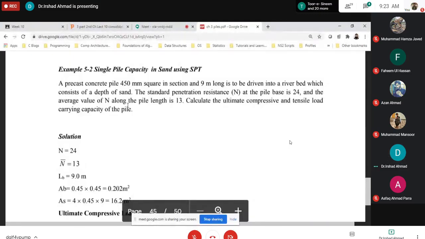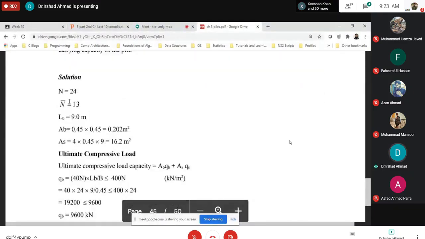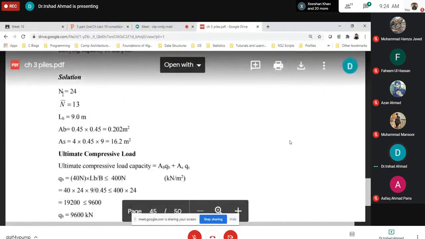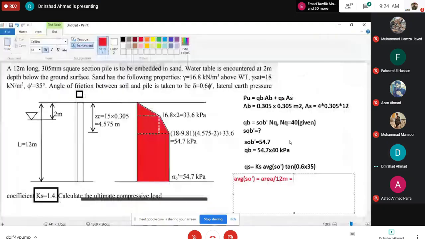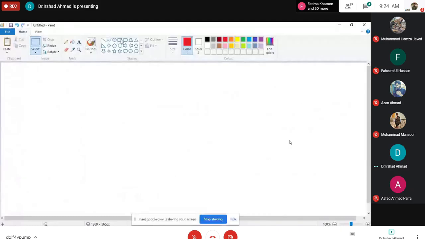Okay, you are given N at the base of the pile equal to 24. Let me solve it here. This is the pile.